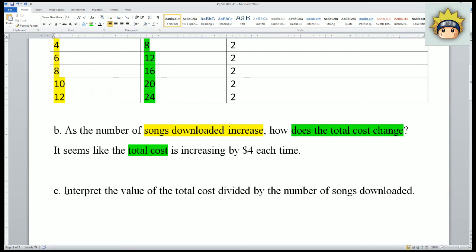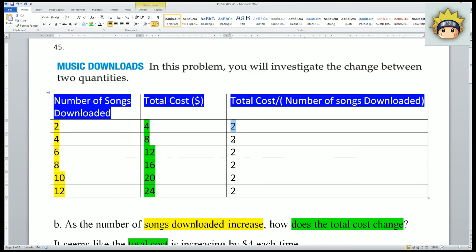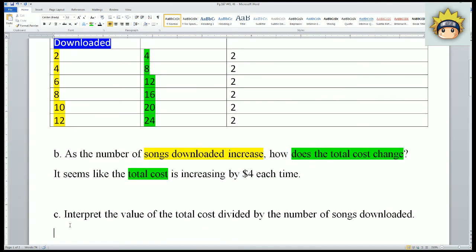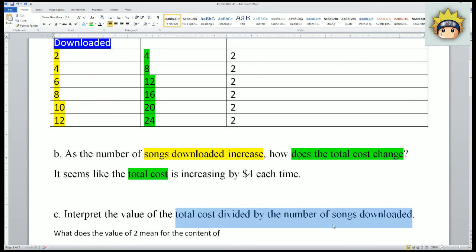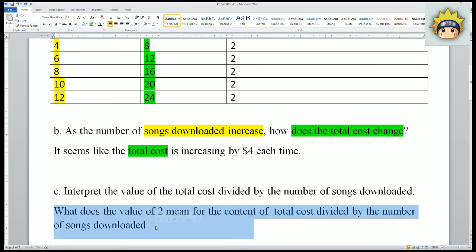Now, it seems like C is asking us to interpret the value of the total cost divided by the number of songs downloaded. It seems like this is 2, 2, 2, 2, 2, 2. Ask yourself this question to simplify: what does the value of 2 mean for the content of total cost divided by the number of songs downloaded?